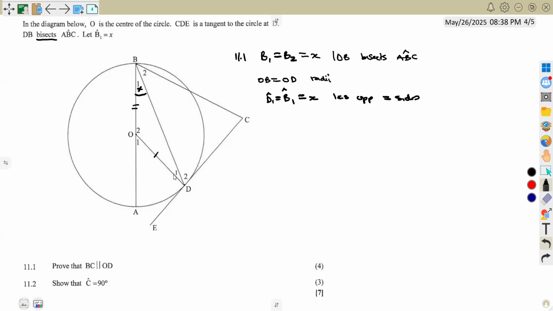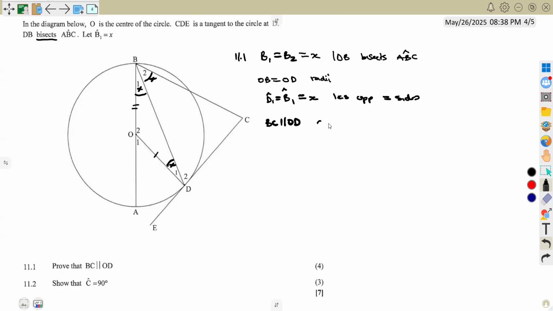So now since we have proven that this angle is X and this angle is also X, as we can see, we have alternate angles. So we can conclude that BC is parallel to OD.